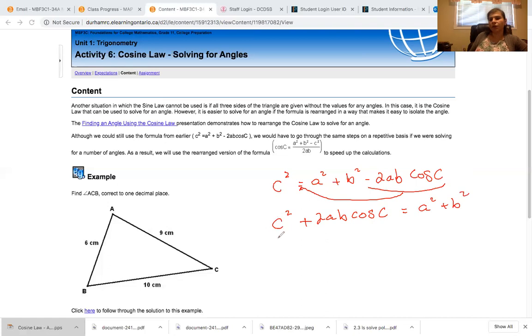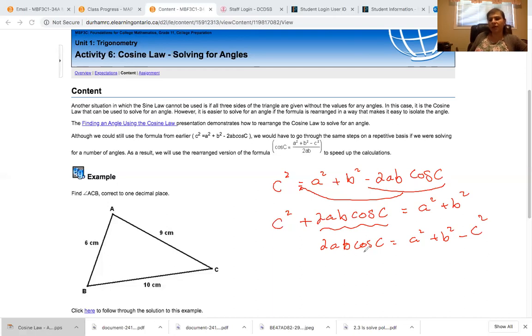Now, the next thing you want to do is move the c squared over here, so the term that has the cos c stays by itself. So I have 2ab cosine c equals a squared plus b squared, and now it's going to be minus c squared, because I am moving over a positive term. It's going to become a minus.